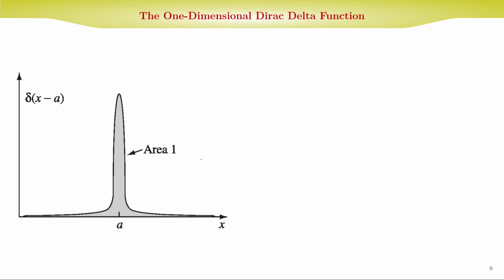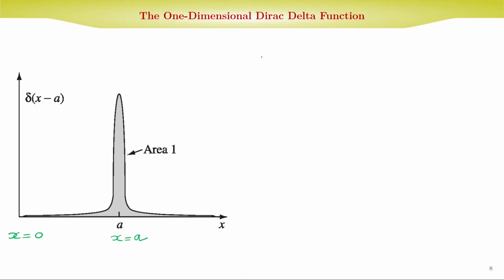In the previous case, the center of the delta function was at x equal to 0. But we can very well shift the spike from x equal to 0 to some point x equal to a.